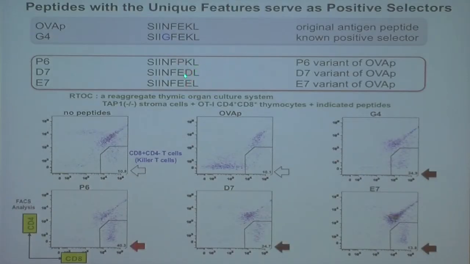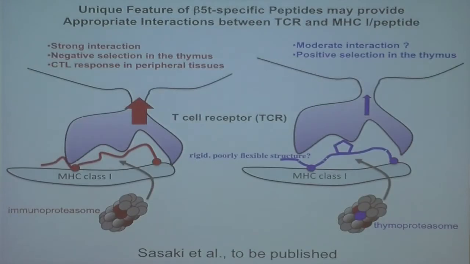So that means other acidic amino acid residues also promote, but not greatly. So therefore, as in this cartoon, the immunoproteasome and thymoproteasome produce different kinds of peptides. In particular, the thymoproteasome produces peptides that contain proline residues. Proline residues may make this interaction not strong.